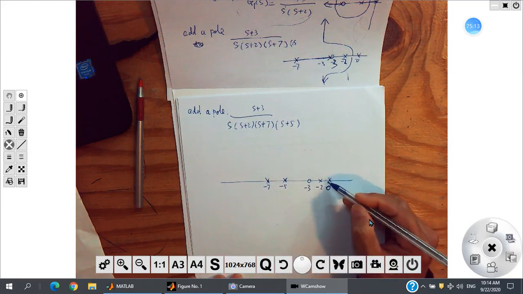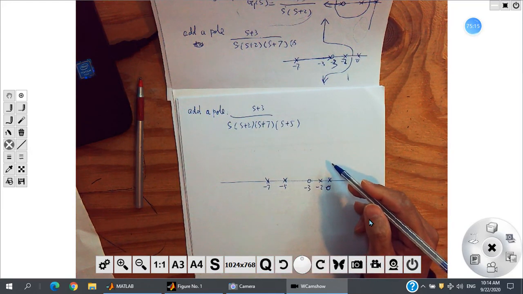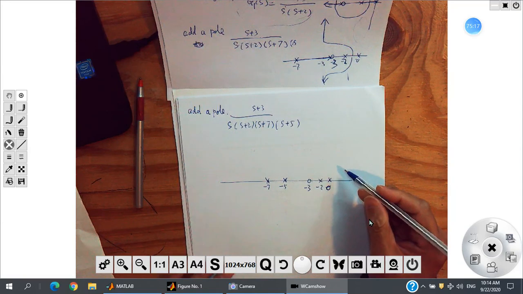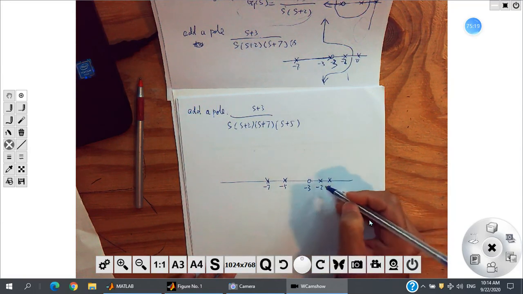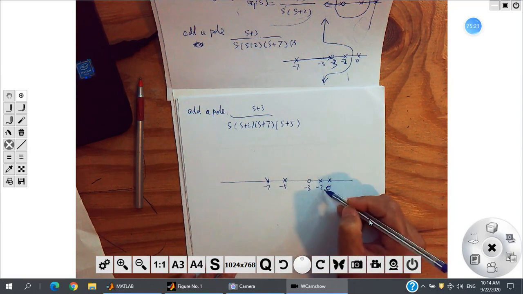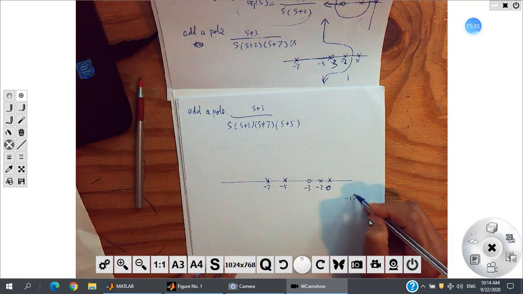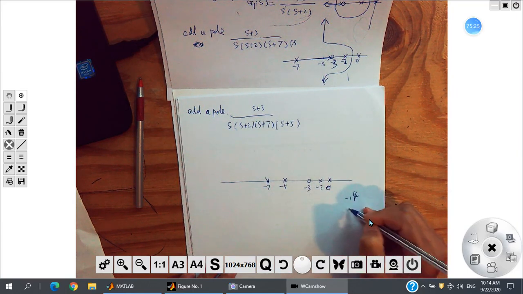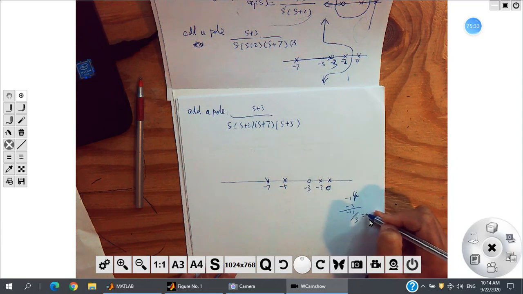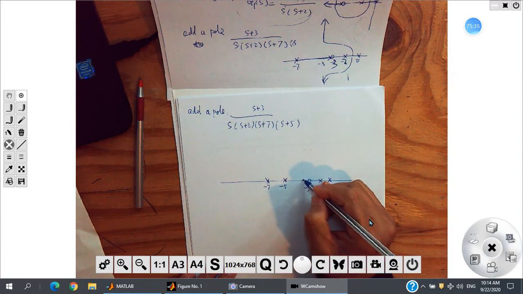Now I have 3 directions going to infinity, right? The center: I do the summation of the poles, which is negative 14, and subtract the zero at negative 3, giving negative 11, and divide by 3. It's negative 3 point something. So this should be the center.